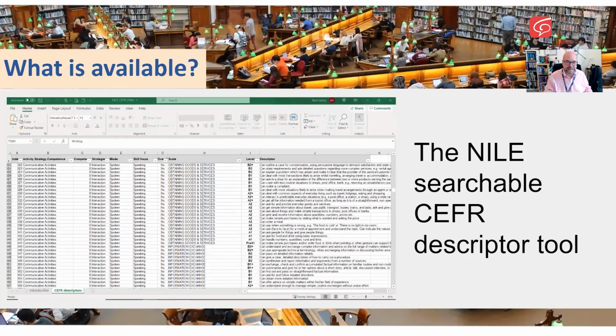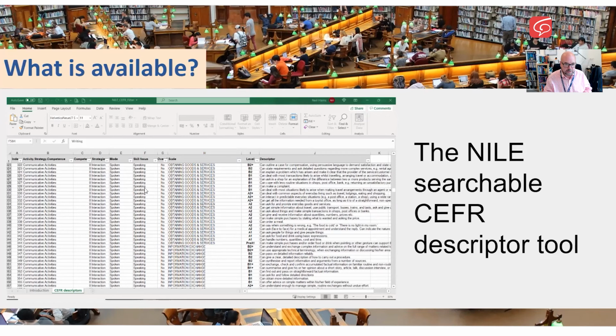But what is really nice is this searchable CEFR descriptor tool. Now, this is a screenshot from the descriptor tool, and basically you can see across the top that it's searchable. By it, you can filter it. You may therefore not be interested in all of the levels. You may be interested in only one of them.